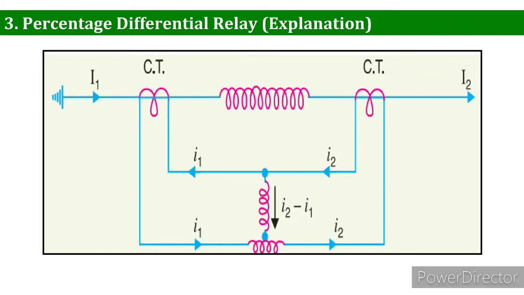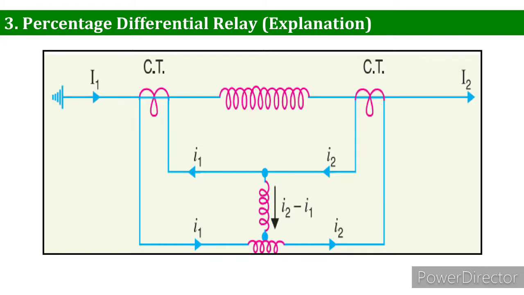Since the operating coil is connected to the midpoint of the restraining coil, it is clear that the greater the current flowing through the restraining coil, the higher the value of the current required in the operating winding to trip the relay.